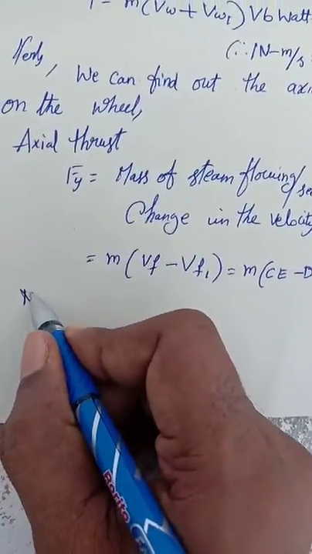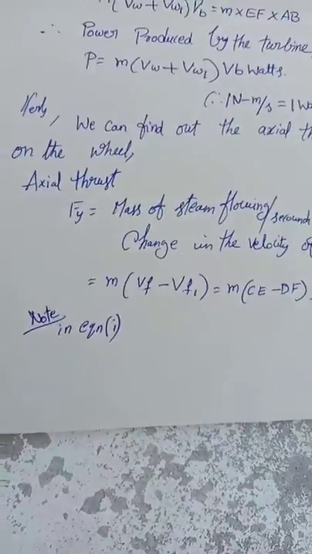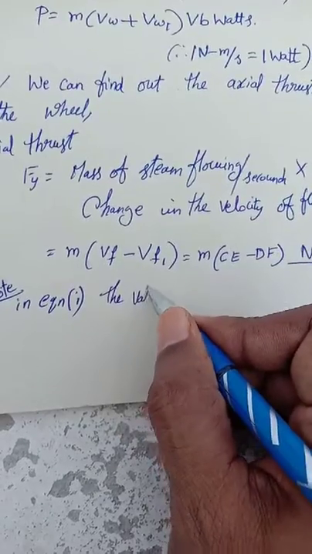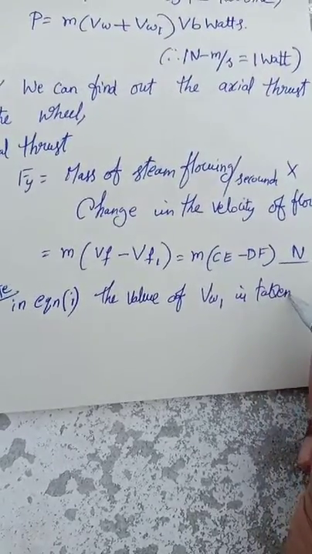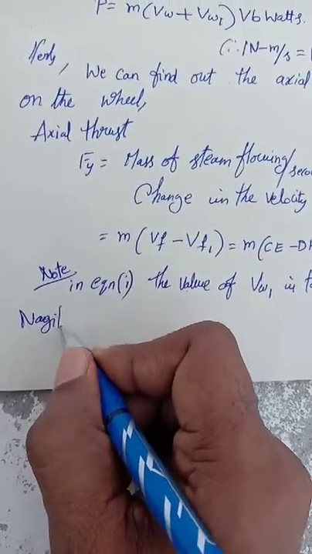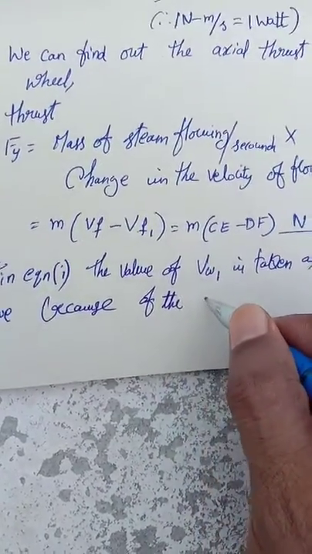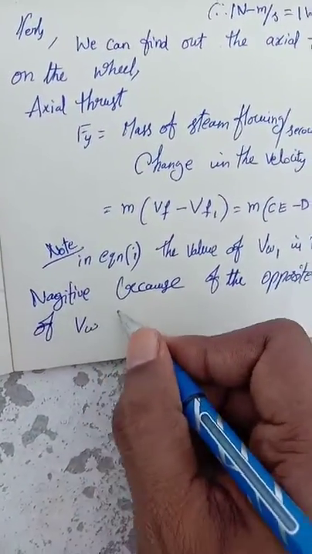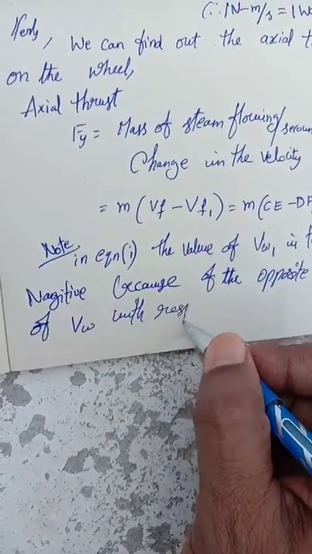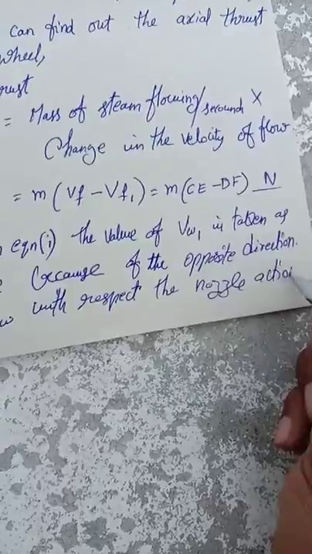Okay. Now here we take one note. In equation 1, the value of VW1 is taken as negative because of the opposite direction of VW with respect to the nozzle action, okay.